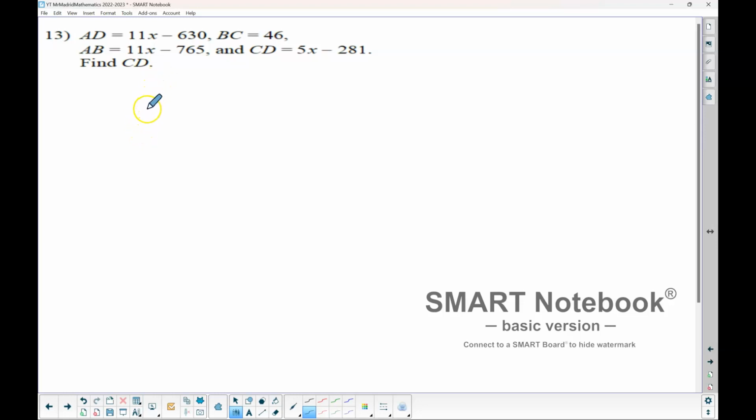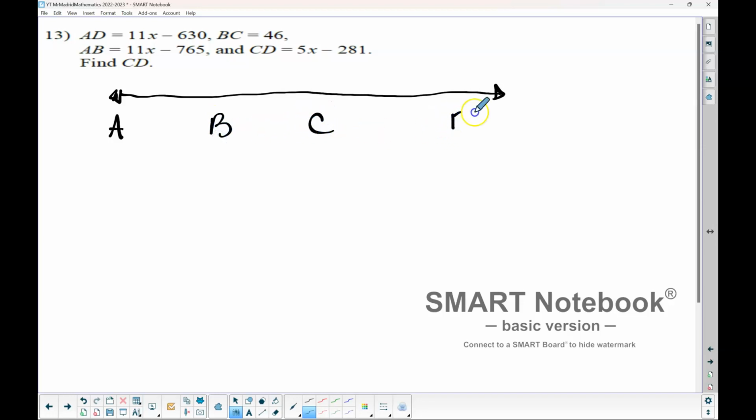So, again, collinear, so these are all points on the same line and they're positioned in that order, A, B, C, and D. To avoid mistakes, let's get a line going here, and we can divide it up as A, B, C, and D. Let's put a little dot over each one of these.